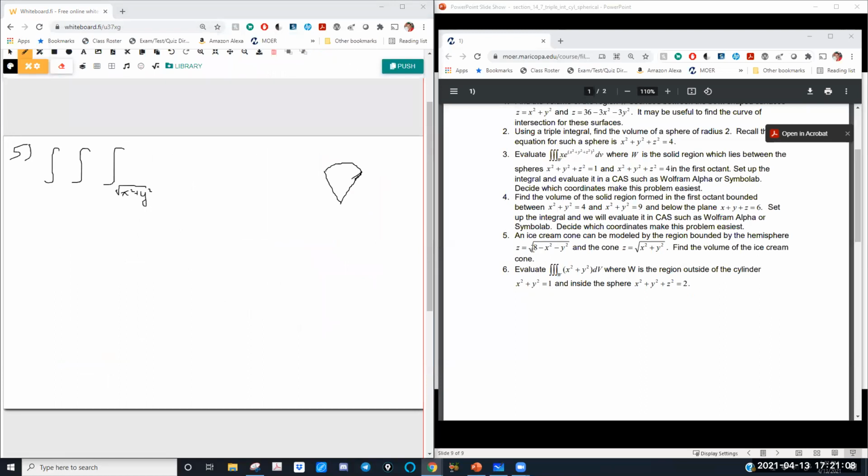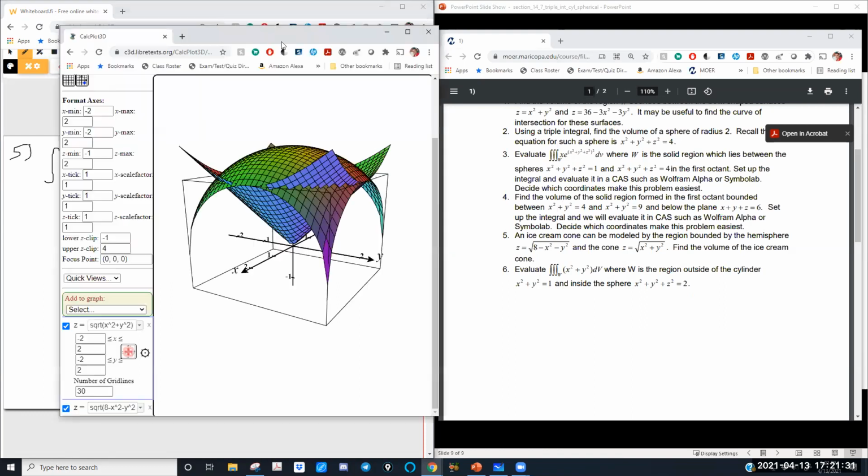Upper boundary is square root of 8 minus x squared minus y squared. And we're just doing volume, so dz. I'm going to go ahead and do rectangular, and then we'll switch it into cylindrical. But I think we're going to see real quick that the argument for cylindrical is pretty strong, because this is where we need the shadow region in the xy plane.